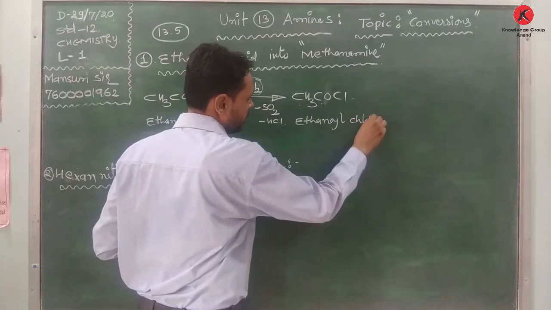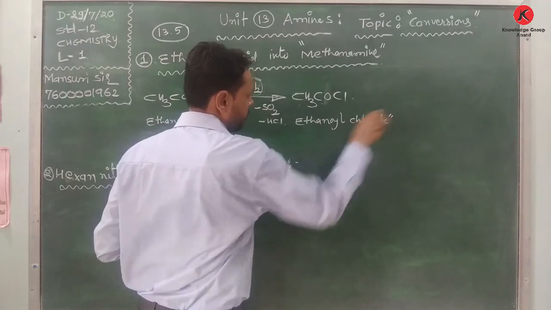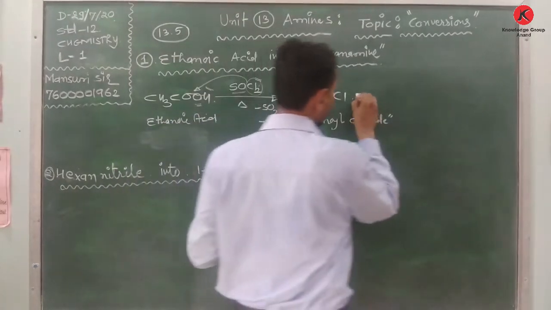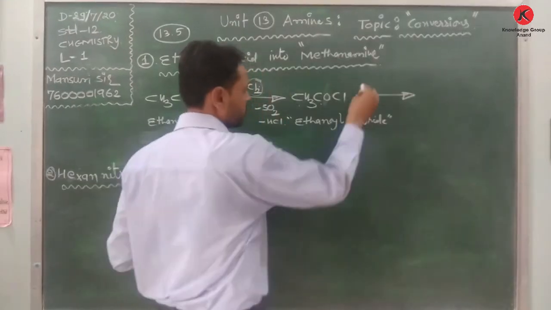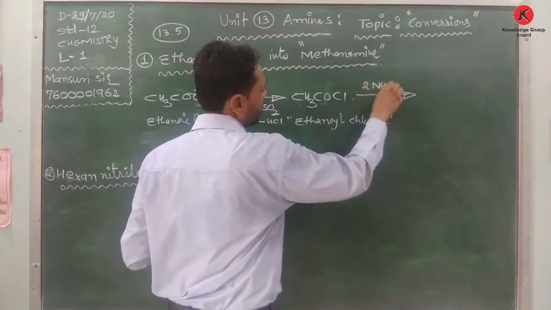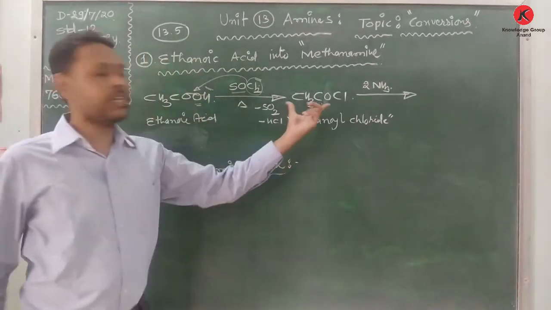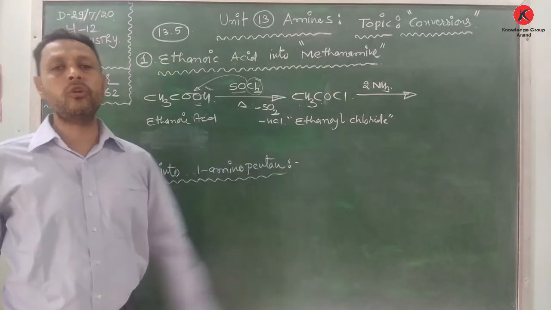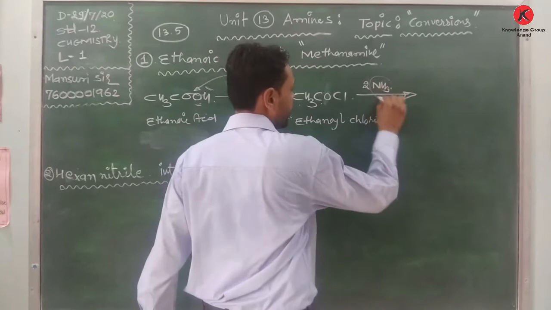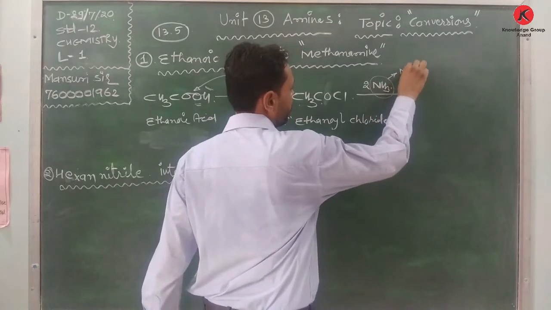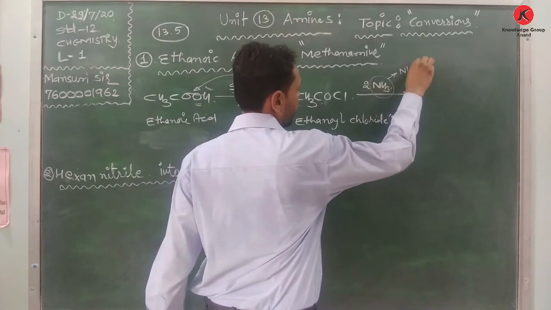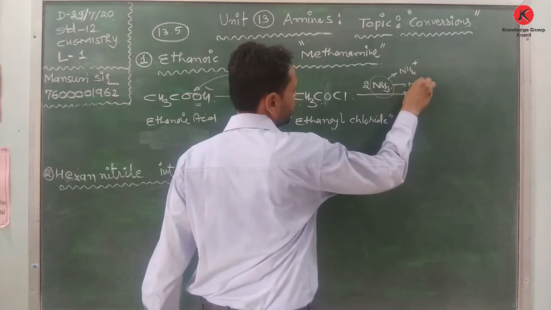So two carbons, that means ethanoyl chloride is obtained. Thereafter it reacts with 2 moles of ammonia. When ethanoyl chloride reacts with 2 moles of ammonia, they have two parts, NH4 plus and NH2 minus.